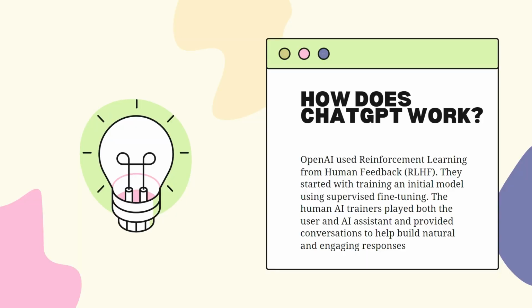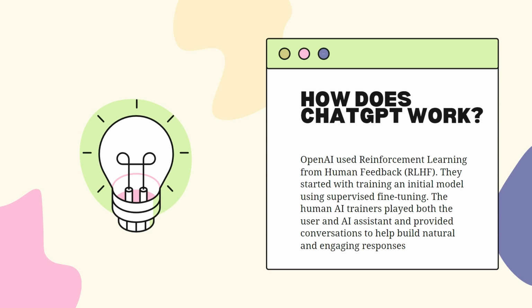Now comes the question, how does ChatGPT actually work? OpenAI used reinforcement learning from human feedback, so it consistently learns from every chat and every piece of data it gets. It started with training an initial model using supervised fine-tuning, where we give the input and output.